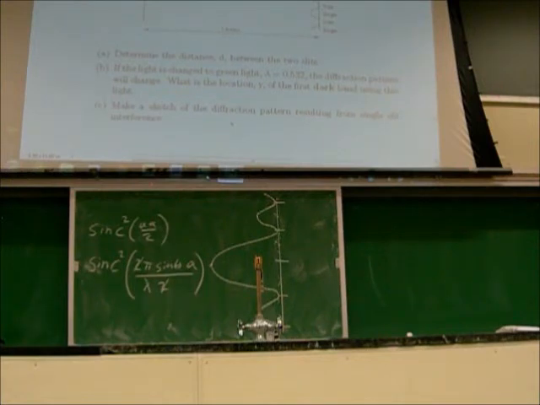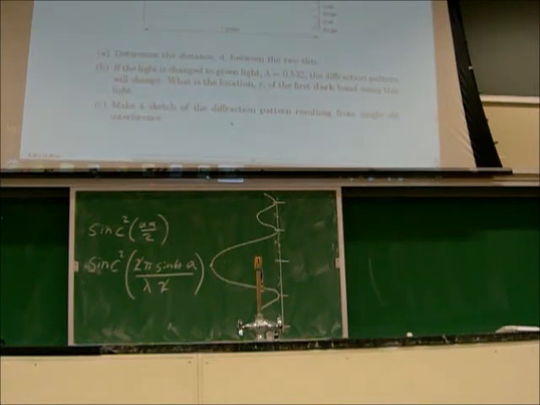Now, where does this equal 0? Well, it equals 0 whenever the sine function goes to 0. Agreed? When does sine go to 0? It goes to 0 at 0, and at 180, which is known, in radians, as pi.